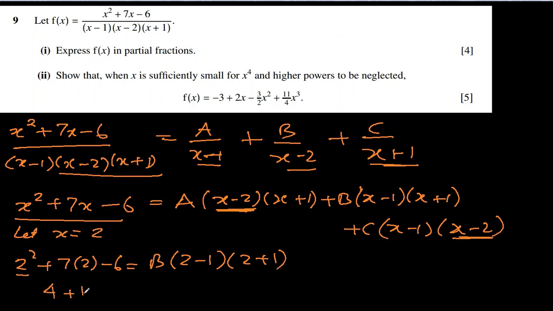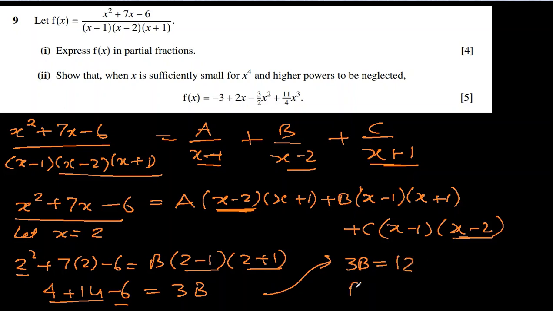So it becomes 4 plus 14 minus 6 equal to 2 minus 1 is 1, 2 plus 1 is 3, 3b. So what does that give us? 3b equal to 18 minus 6, 12. 3b equal to 12, so b equal to 12 over 3, which is 4.